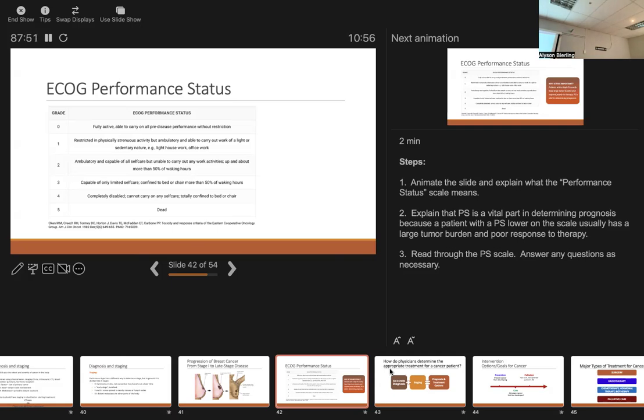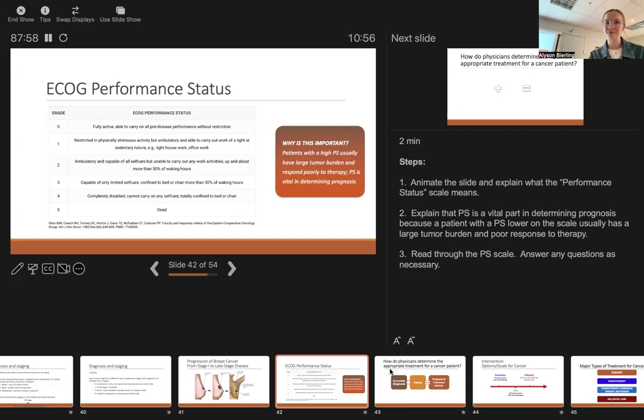Grade 1, yeah, exactly. And this is really important to understand as well, because patients with a higher performance status usually respond poorly to therapy. They don't tolerate chemotherapy or radiation therapy very well.